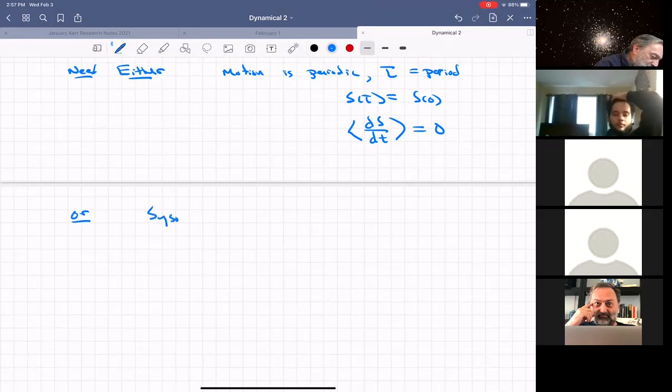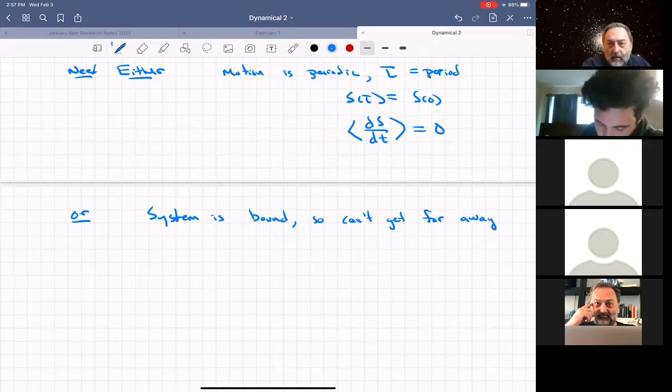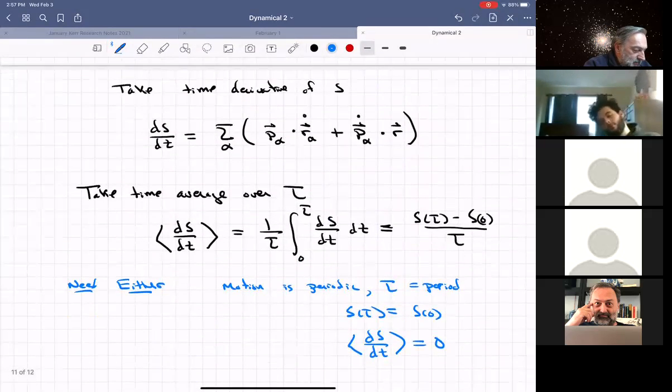Or the system is bound. So we can't get far away. Now, if the system is bound and I can't get far away, then either this R here or this momentum here have to be modest in size, right?